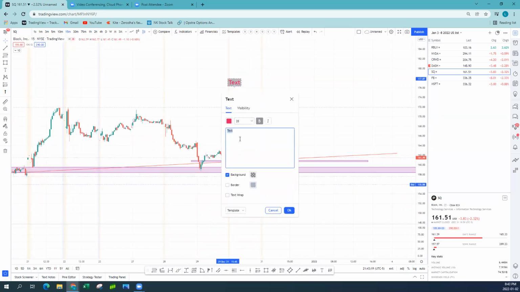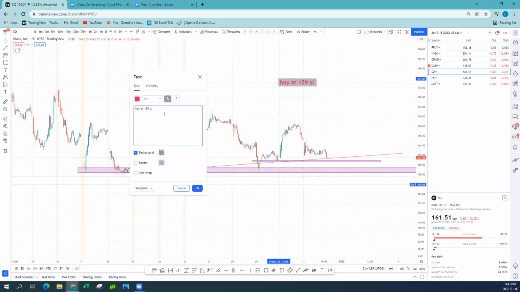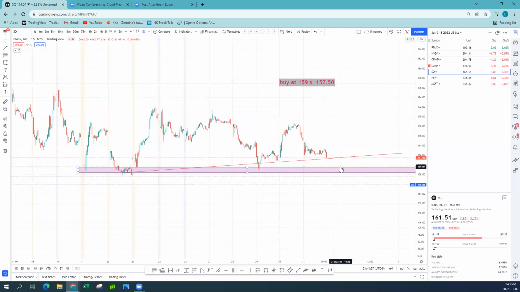So buy at the 159 area and the stop loss will be below this candle, which is 157.60. You're going to give some space to your stop loss, 157.50, because you're buying at this area.